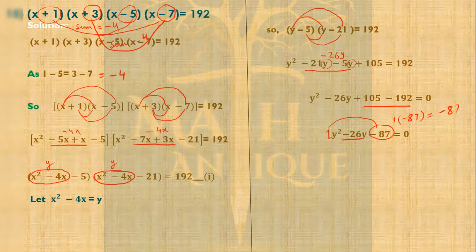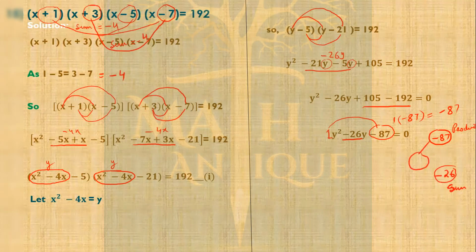So we need to think about two numbers whose product is -87 and whose sum is -26. So what will be the two numbers? I'm saying -87 is the product, right? And -26 needs to be the sum.